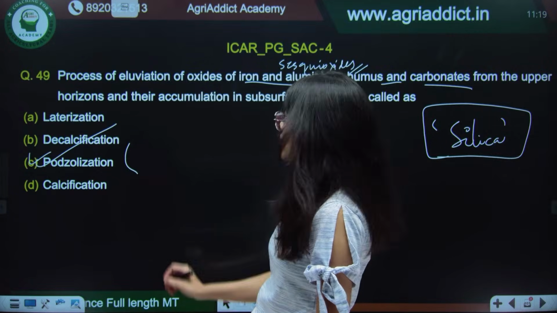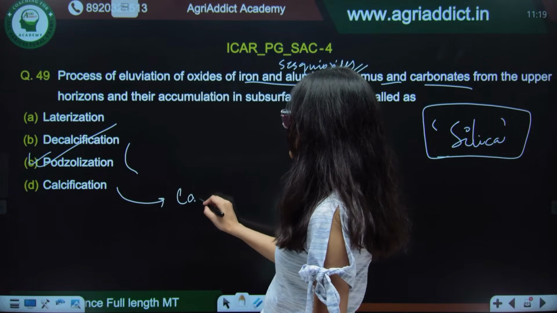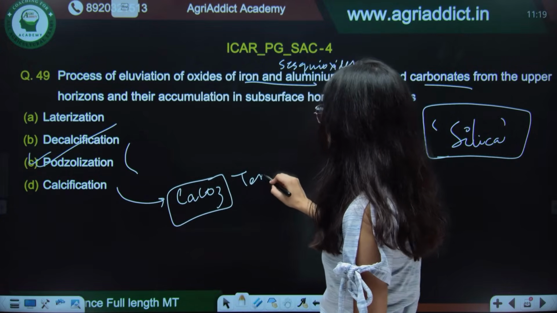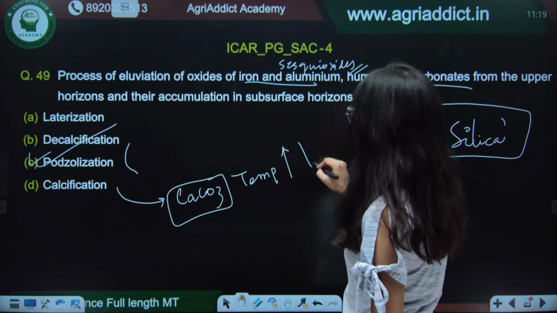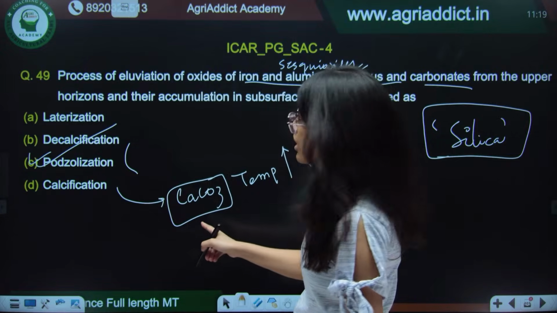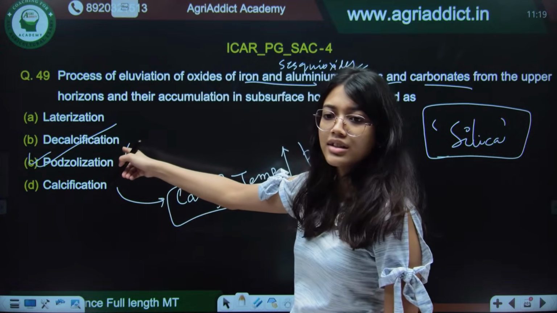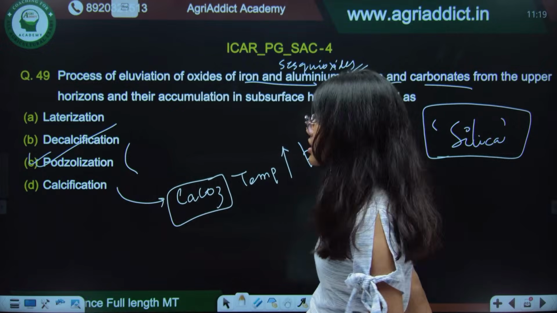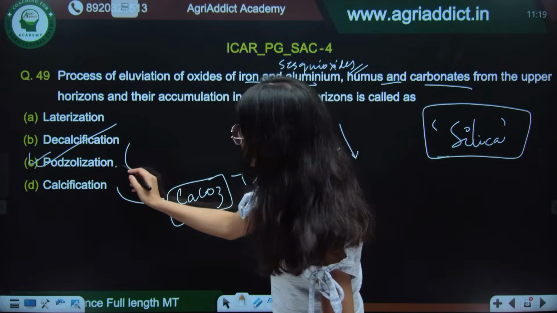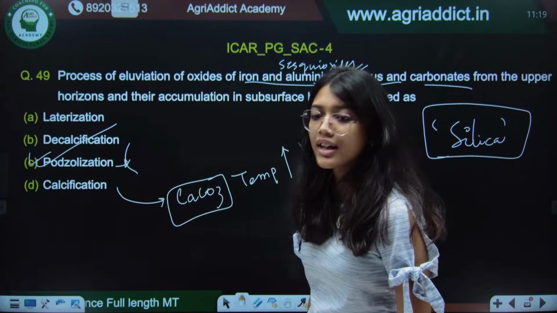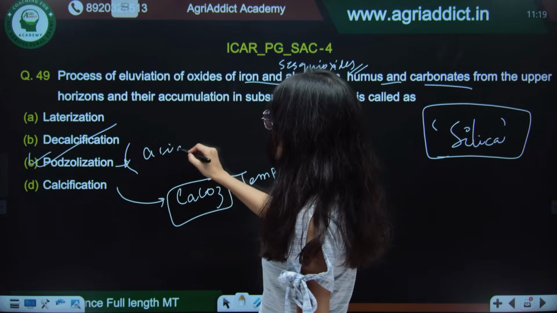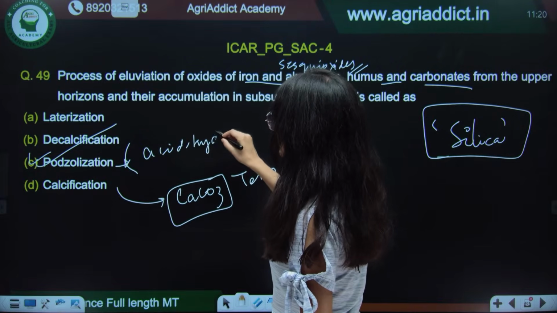So let me explain calcification and decalcification. Wherever there is accumulation of calcium carbonate due to increased temperature and less partial pressure of carbon dioxide, it is calcification. Decalcification is just the reverse of calcification. Now, who can tell me the other name of podzolization? Yes, another name, Mangala. Acid hydrolysis, one we got.